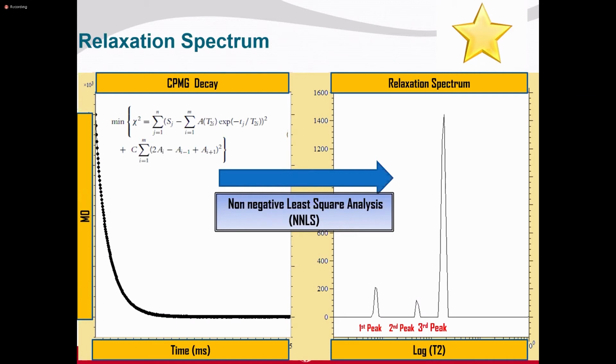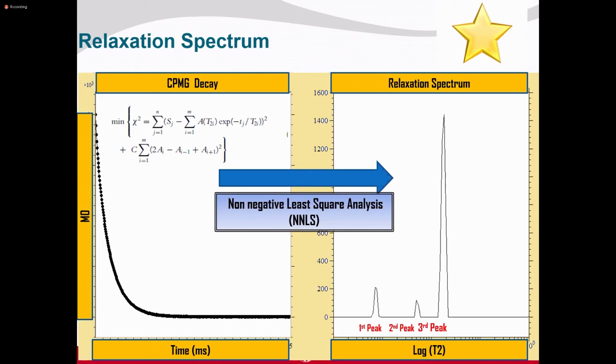Another example, plant cells, like a fruit or vegetable. If you put a fruit or vegetable in an NMR tube and you conduct a relaxation measurement, you will obtain multiple peaks like you see here. And research has shown that these peaks could come from the organelles that are present in a plant tissue.